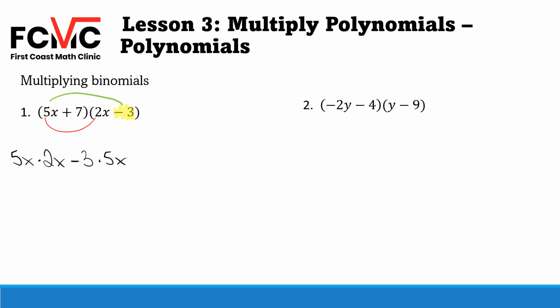Inner is going to be 7 and 2x. And then last is going to be 7 and minus 3. Actually, let me write it the other way. I'll start with the negative or minus 3.